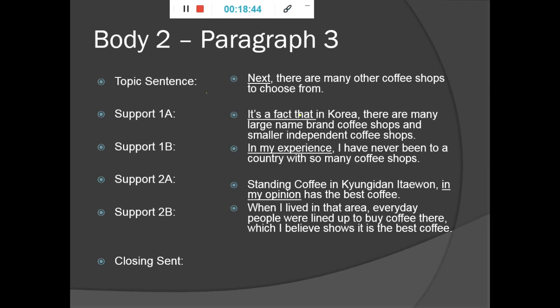So this form of support is about consensus, things that people generally agree upon. So we have some evidence about that. And closing sentence: therefore, Starbucks is not the best coffee because there are better options. So we've talked about how there are many other coffee shops to choose from.